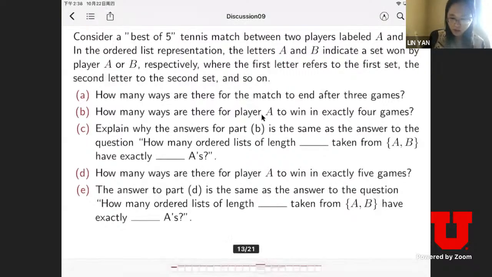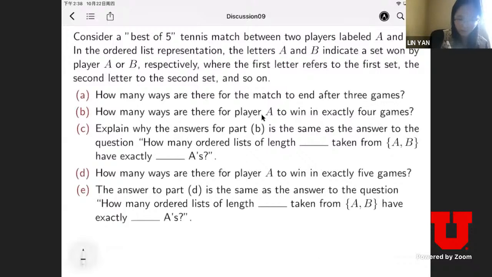So let's make some notes on that. Best of 5 means that either player A or B wins more than or equal to 3 sets.